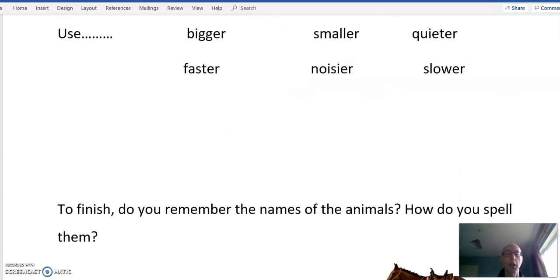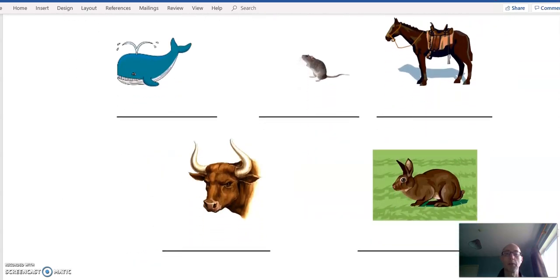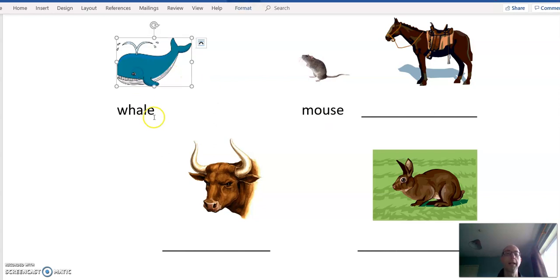And before we finish, can you remember the names of these animals? What are these animals? How do you say it in English? What's this? How do you spell it? W-H-A-L-E. Yes, indeed. What's this? And how do you spell it? It's a mouse. Sorry, so this is a whale. W-H-A-L-E.